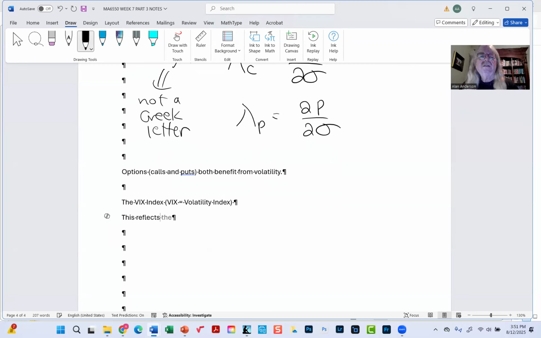It reflects the volatilities of Standard & Poor's 500 options. I know, Chris, you know that this is one of the major stock market indices, so it's meant to capture the behavior of the whole market. And so let me show you what it looks like.